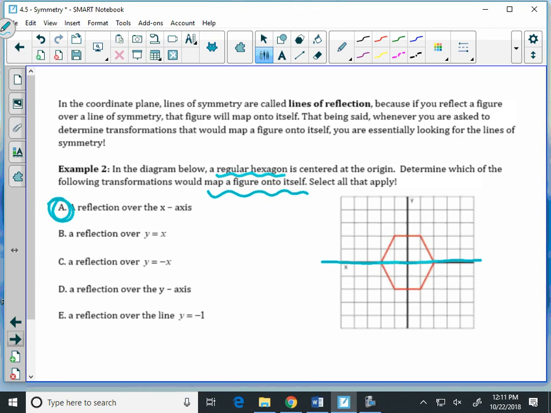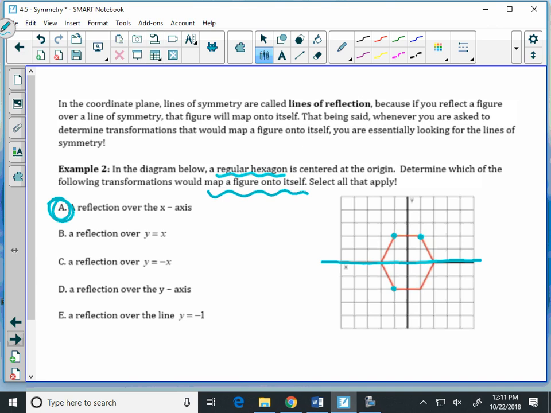Reflect the figure. Take a point. I'm going to reflect this corner over the x-axis. 1, 2, 1, 2. It mapped up with another corner. I'm going to check another one just to be sure. 1, 2, 1, 2. That mapped up with another corner.